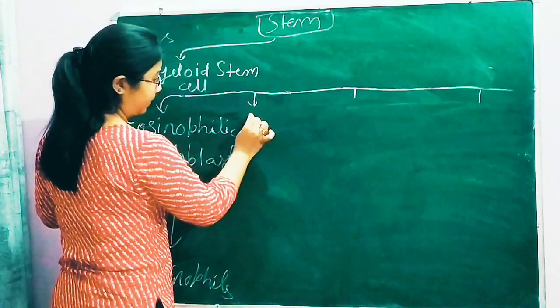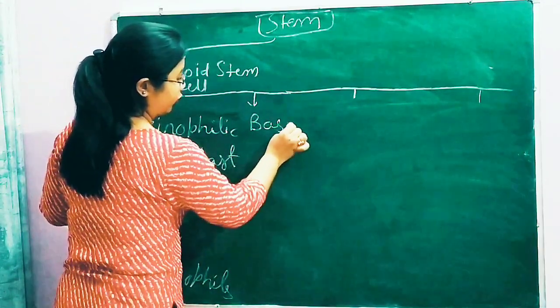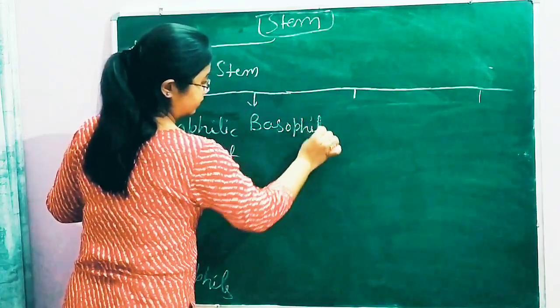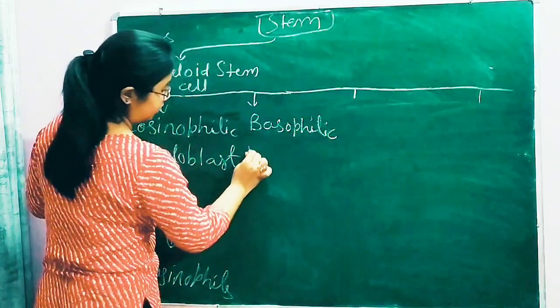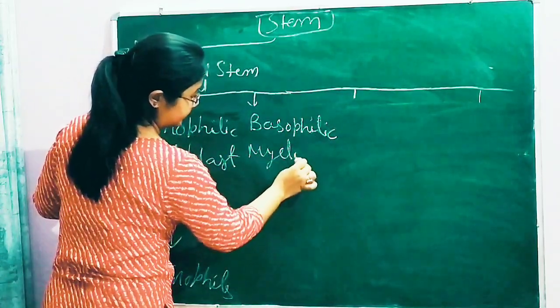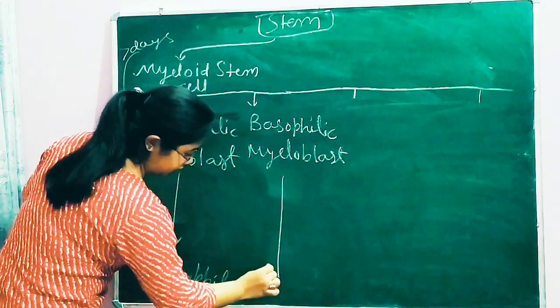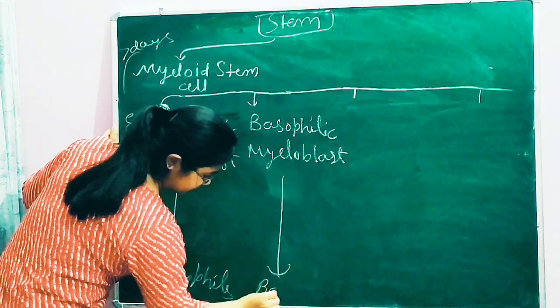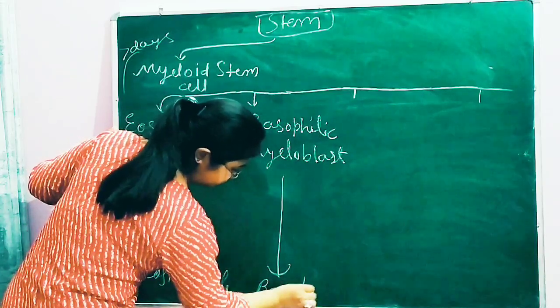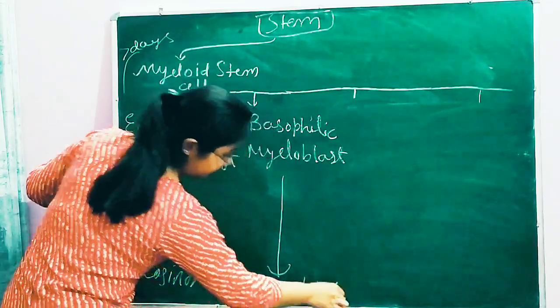Now, next is the basophilic myeloblast, which forms basophils.